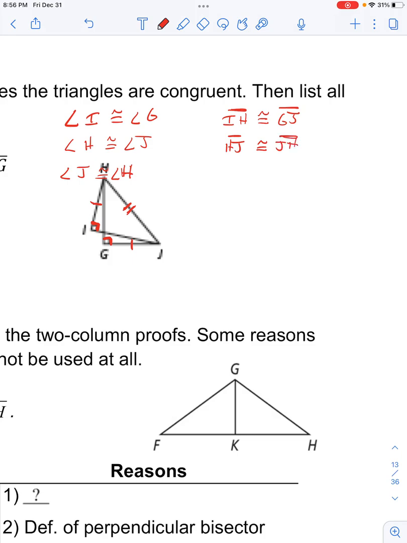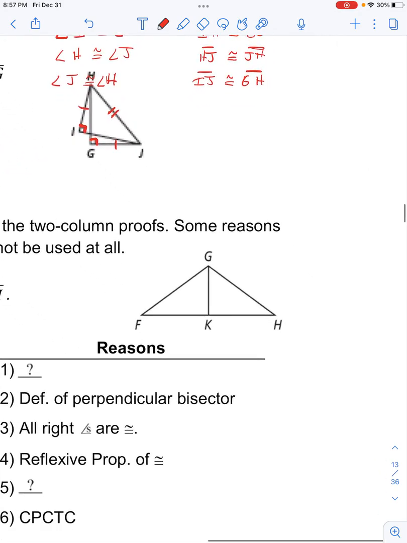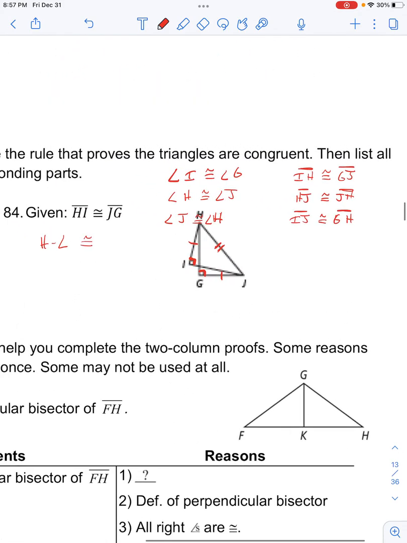And our remaining would be IJ. Segment IJ is congruent to segment GH. And so these are all of our corresponding angles and sides.